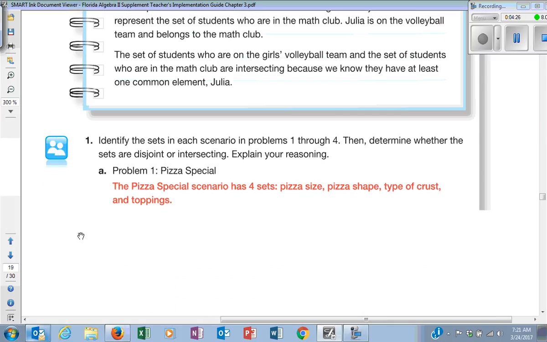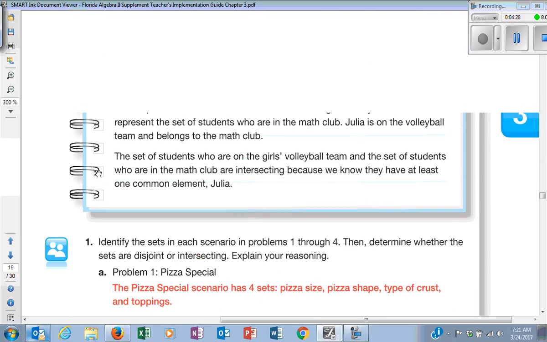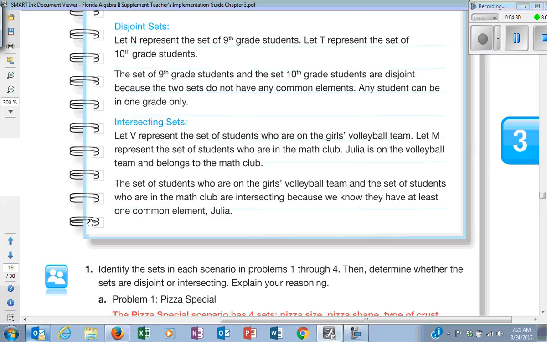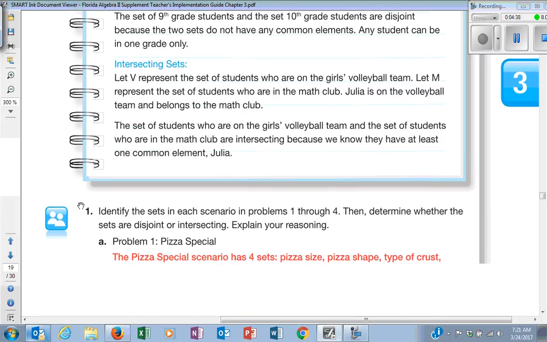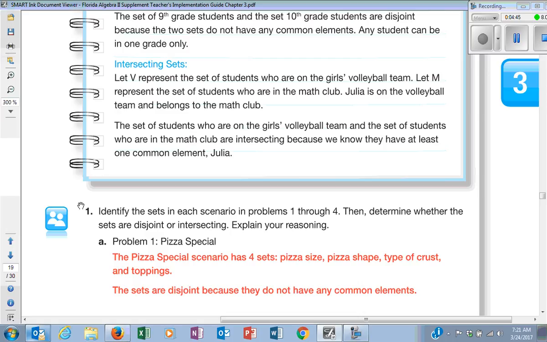All right. So identify the sets in scenarios problems 1 through 4, then determine whether the sets are disjoint or intersecting. So remember my holes that I said? Do you remember I said for the pizza you have 4 holes to fill?